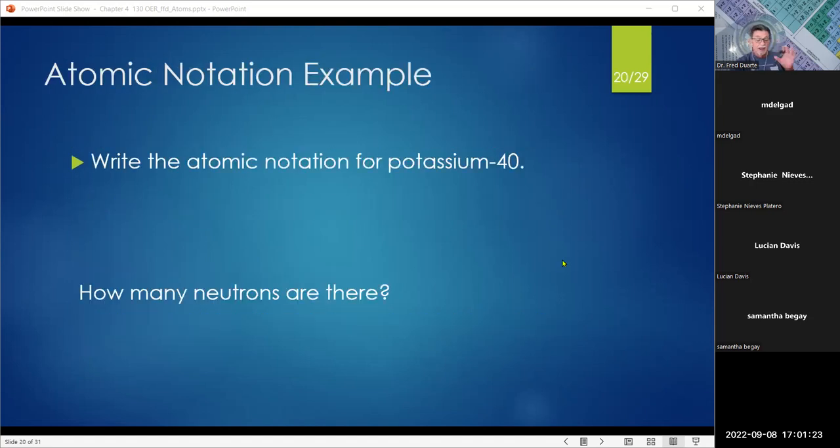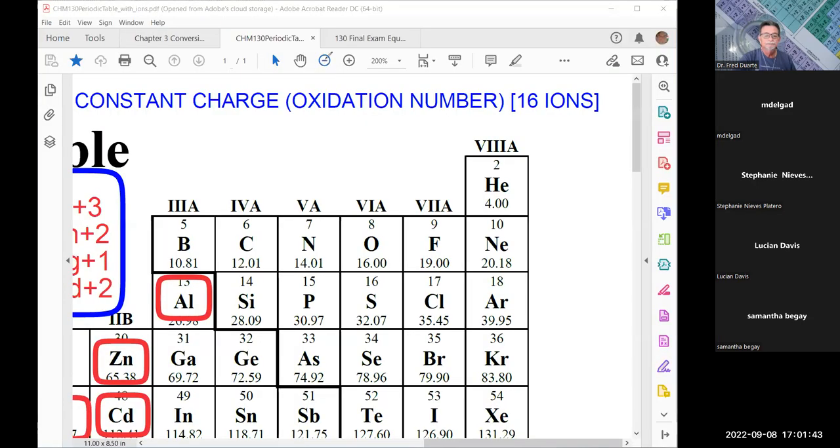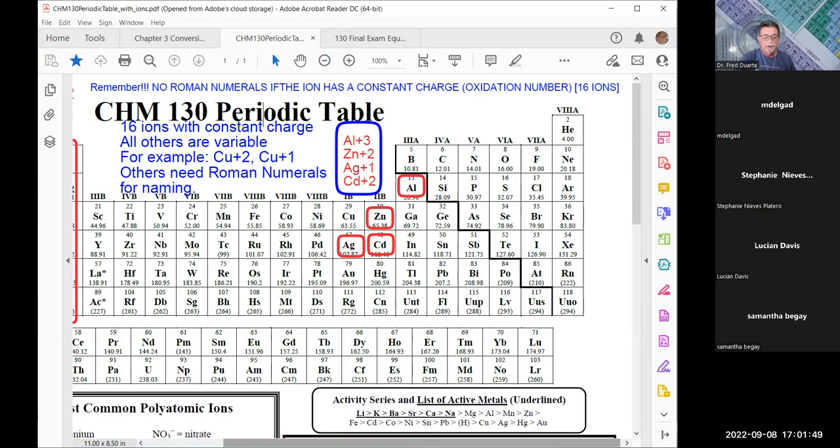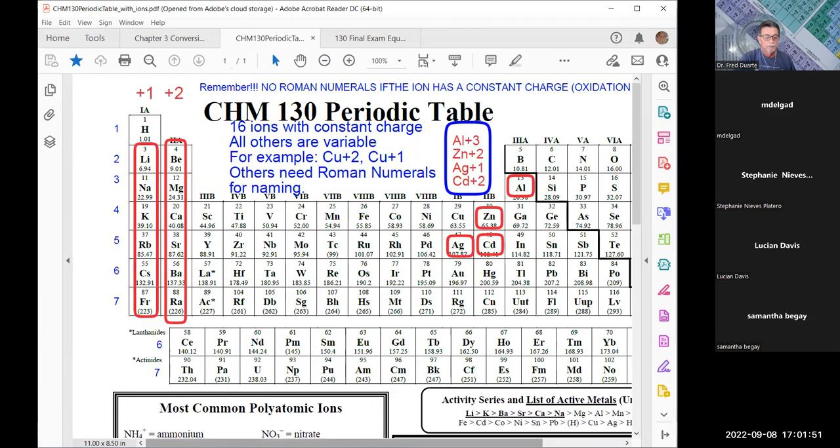Okay, because occasionally, what they will do is give you this kind of problem and say potassium 40. Okay, you might think, well, is that the most common isotope for potassium? So let's do this periodic table. Let's find potassium. Who can tell me the most common isotope for potassium?